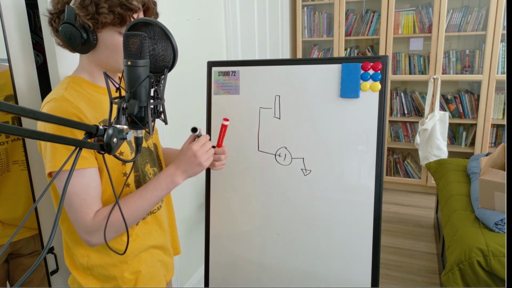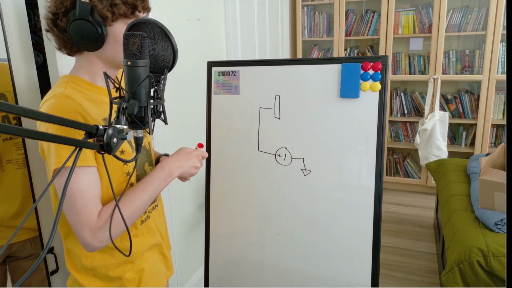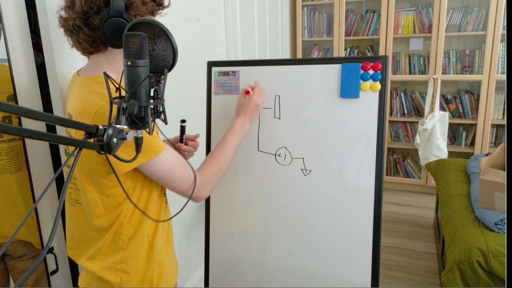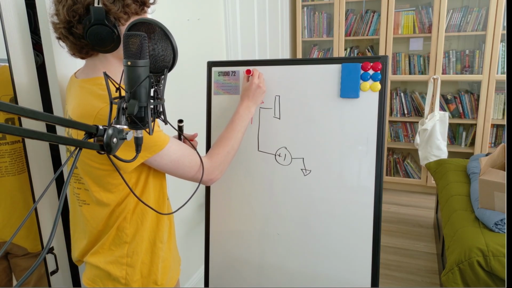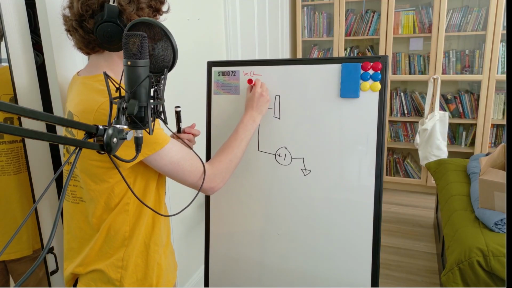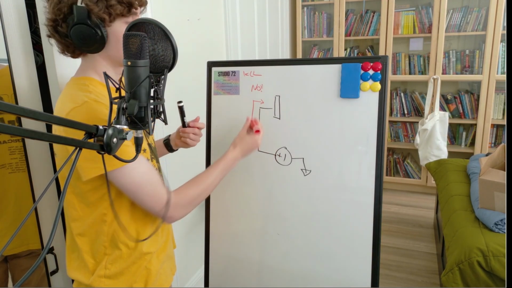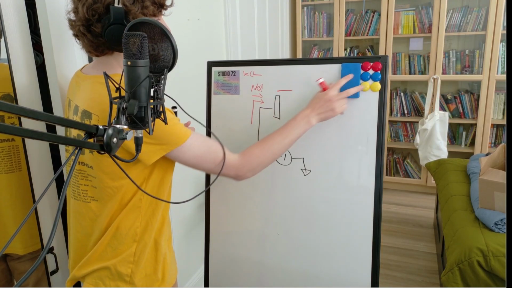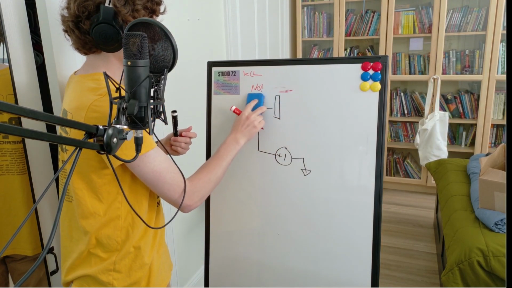Now, if I asked you in this situation, would you have a flowing charge here according to Kirchhoff's current law? You would obviously say, no. There's no way, right? You have current entering, but there's no way for that current to leave.